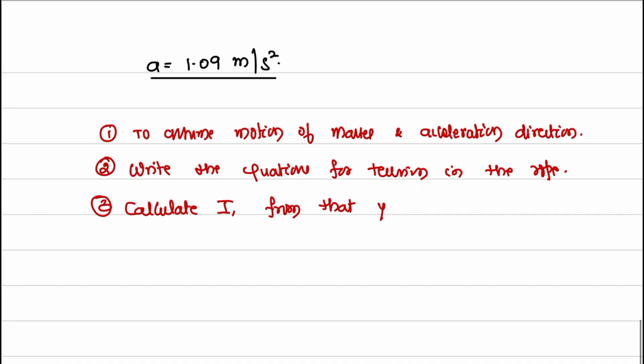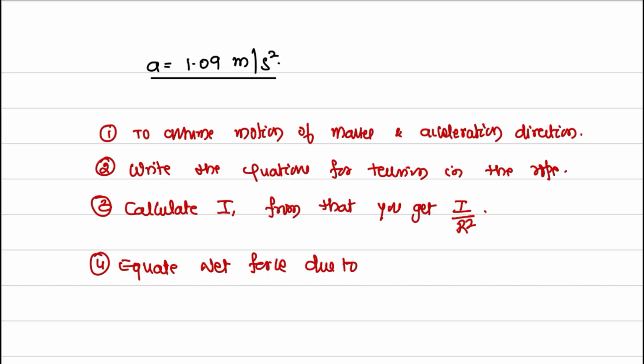From that, you get I by r square. Then equate net force due to tension, that is T1 plus or minus T2 is equal to I by r square into A, as per the directions assumed.